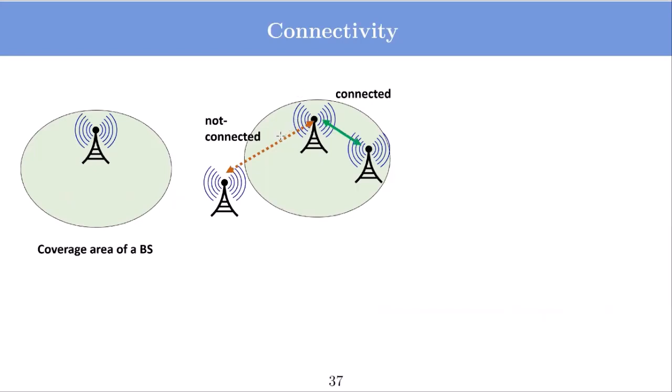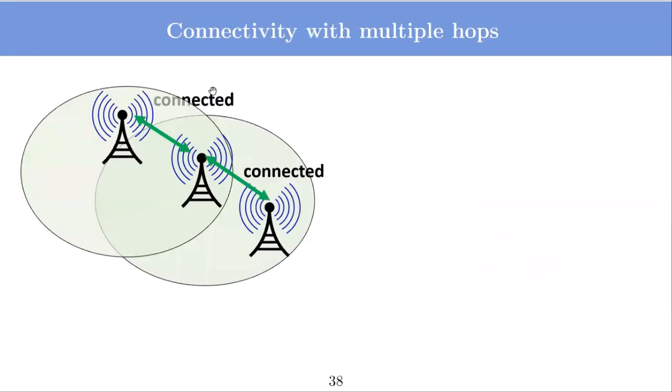If a base station falls outside the coverage area, then it is not connected, and if it falls inside, then it is connected. We can also say connected if there is a link between. This base station falls outside this coverage, but there is a base station in between which falls in this coverage area, so this link is connected, and this also falls in this coverage area, so this link is connected. So via a one hop link, these are connected.